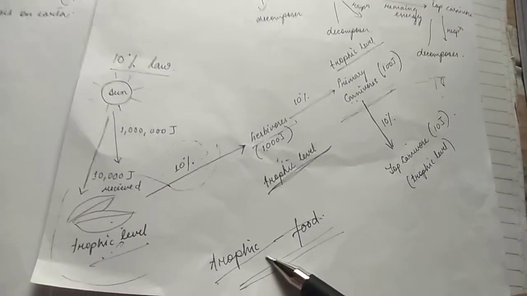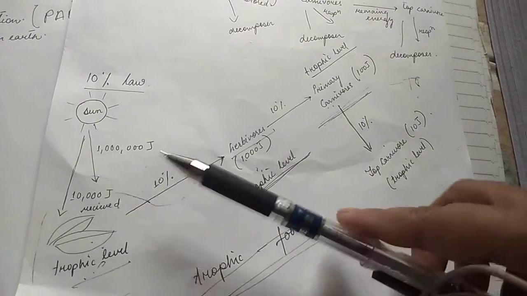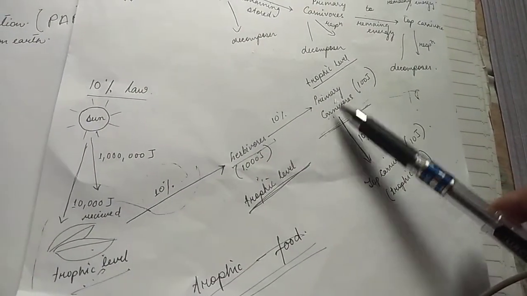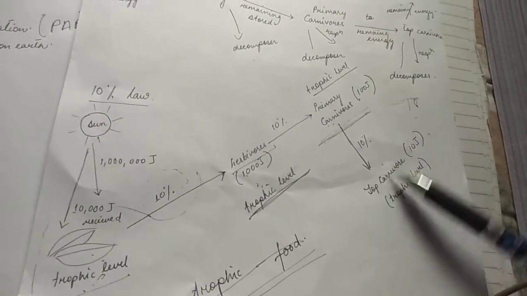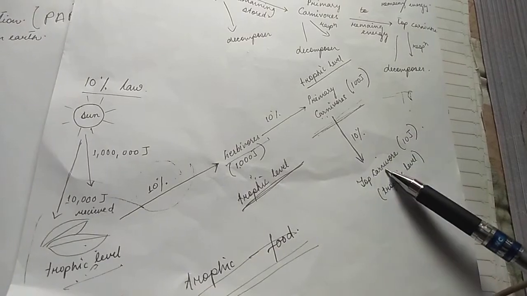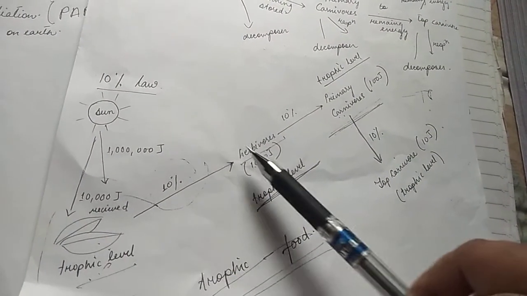The next topic is trophic level. Trophic means food. Each level we can see here, that is plant, herbivores, carnivores, primary carnivores and top carnivores, each forms a trophic level. The plant is food for herbivores.